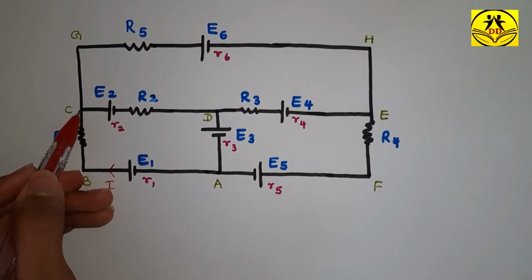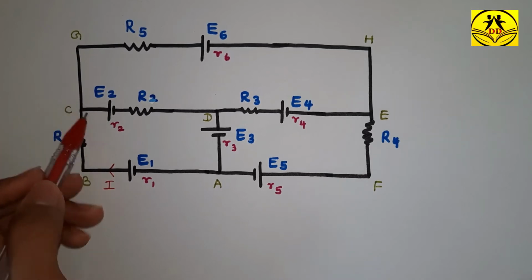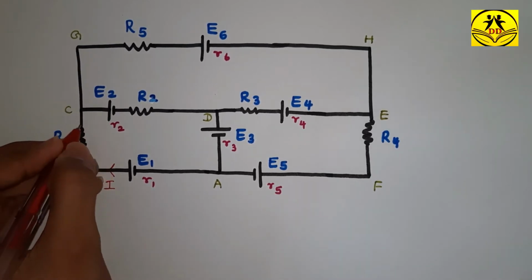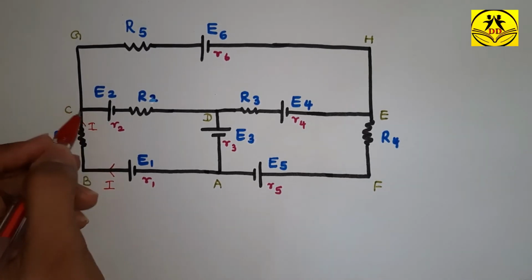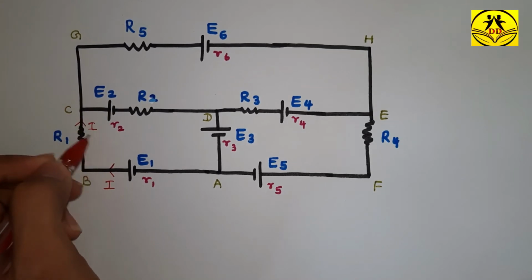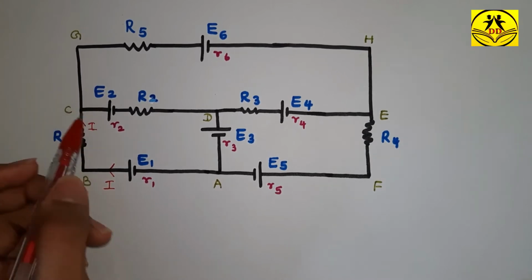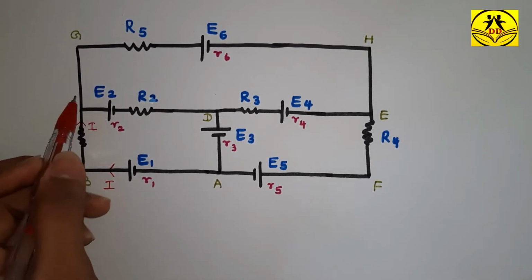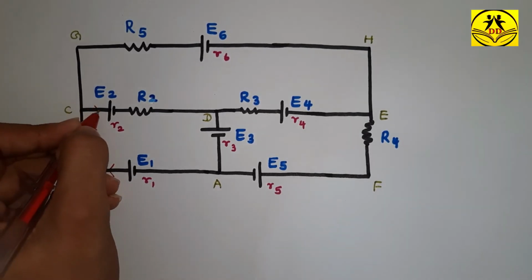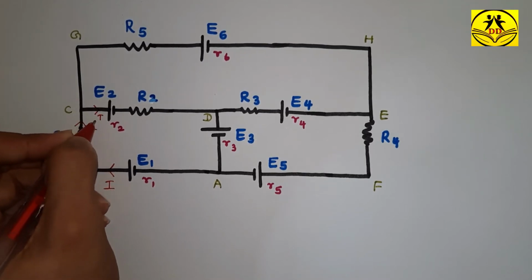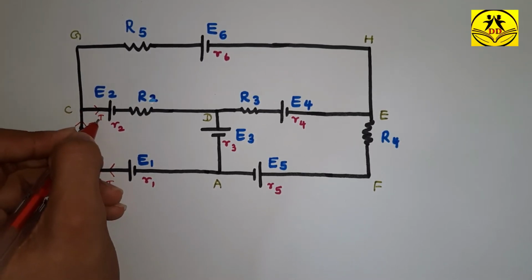Now what do you see? You see a node here. So according to Kirchhoff's first law, this current I has to be divided into these two branches. The current flowing into this node is I. The algebraic sum of the current flowing out of the node should be equal to I. So we can consider the current flowing through this as capital I1.